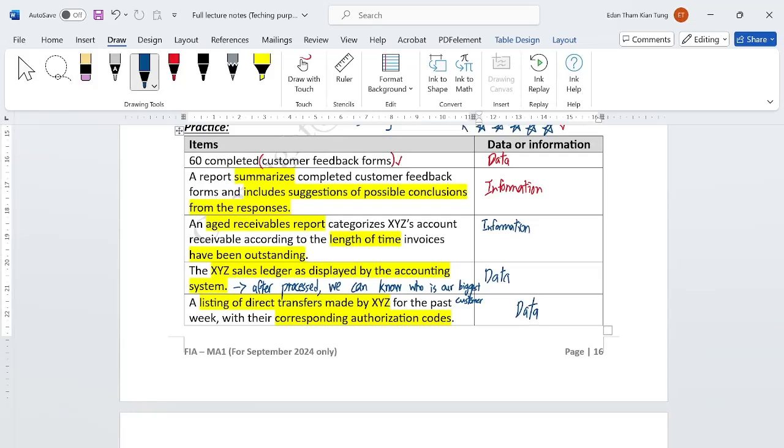So why is it just data? Because the listing of direct transfers made only indicates what expenses we have incurred during the past week. It is not processed yet. So after processing, what can we know?